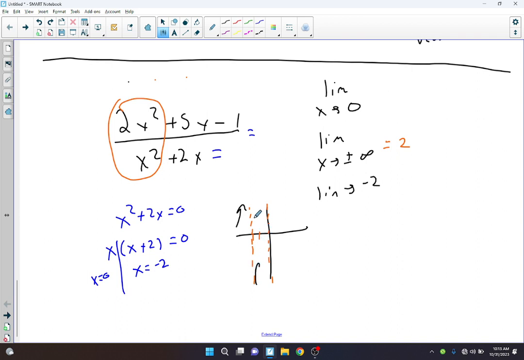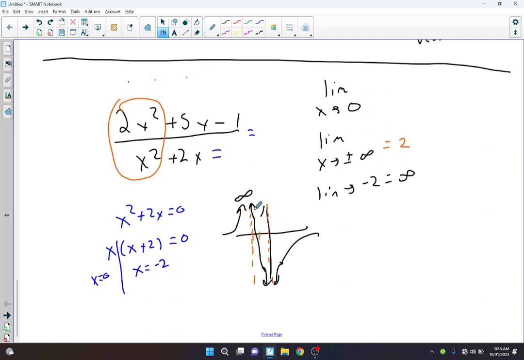Or, if they're going the same direction, if it looked like this, it would be positive infinity as your limit for -2. I'm looking at -2 in this. Okay? But if it looked something like this, then that would be negative infinity. It's going down. They have to go the same direction for it to work.